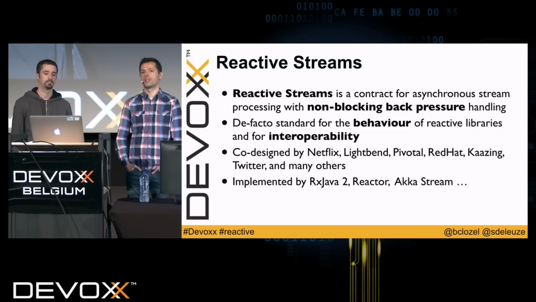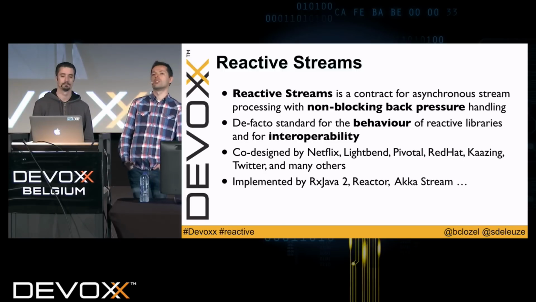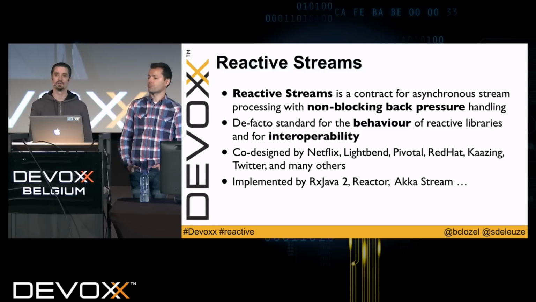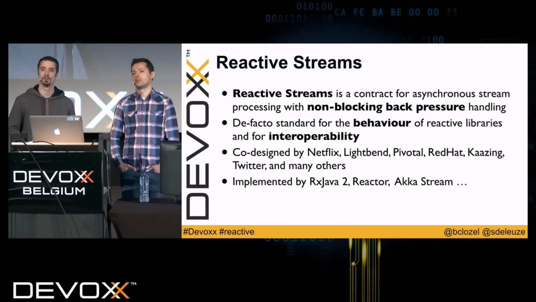This slide is a bit dense, and it's really important. You're probably asking yourself, what does it mean for interoperability? What does it do? How do we achieve that? What's the goal here? Imagine, for example, you have a database driver implemented with RxJava, and you want to use, for example, Reactor in your application.